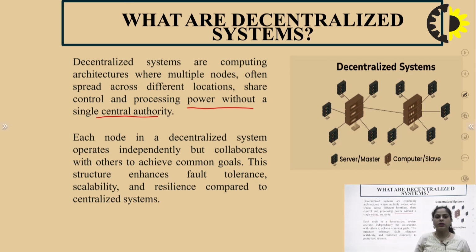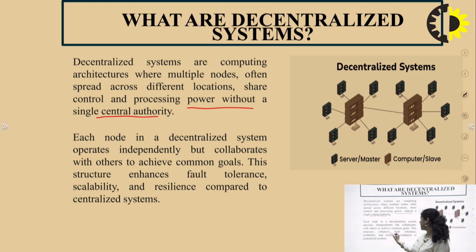There is no single central authority. Each node in a decentralized system operates independently but collaborates with others to achieve a common goal. Here the nodes work differently, but their goal is common. They achieve the common goal for a particular transaction.